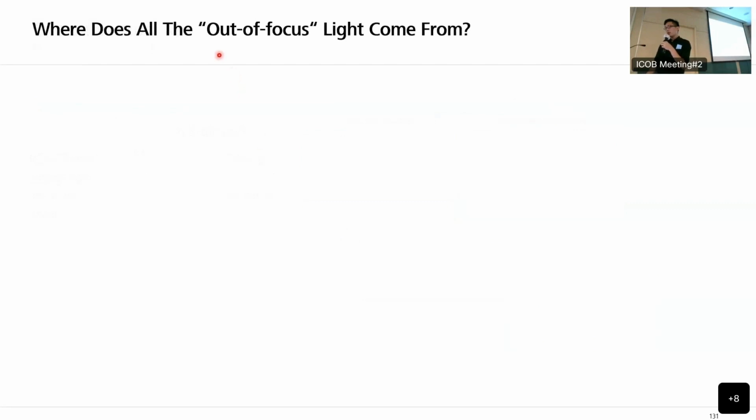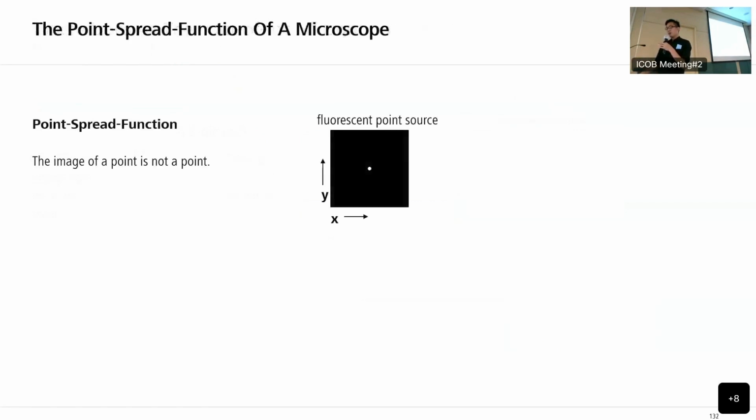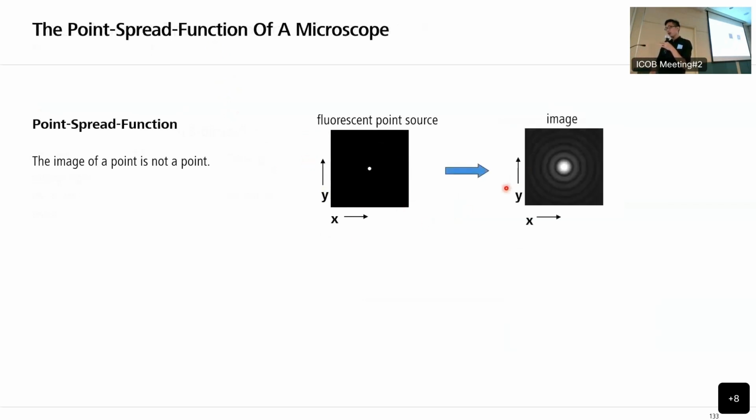So first, we need to know where the out of focus light comes from. Here we can see this is a clear point, and this is a fluorescence point source. In ideal light systems, this is with a clear edge. However, our light microscope is composed of many parts, and our light goes through the lens and also maybe through air or other mediums.